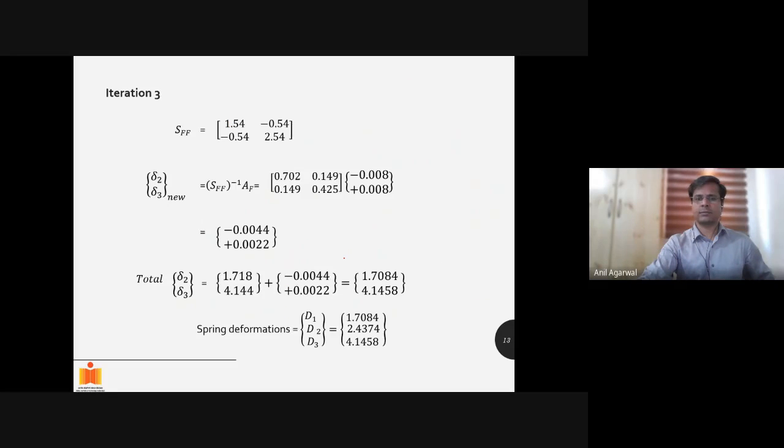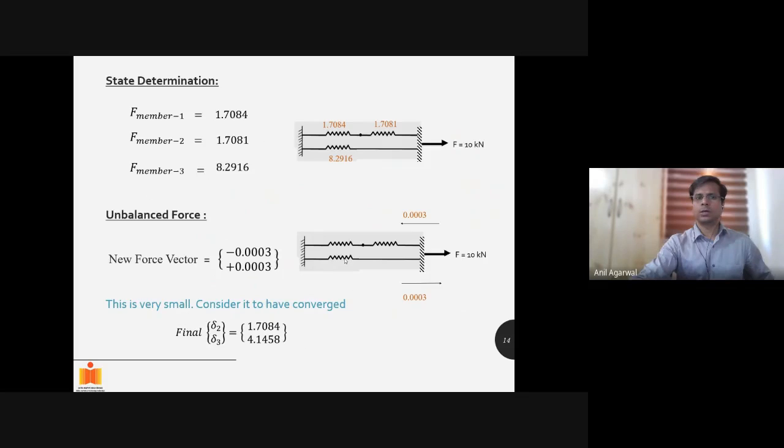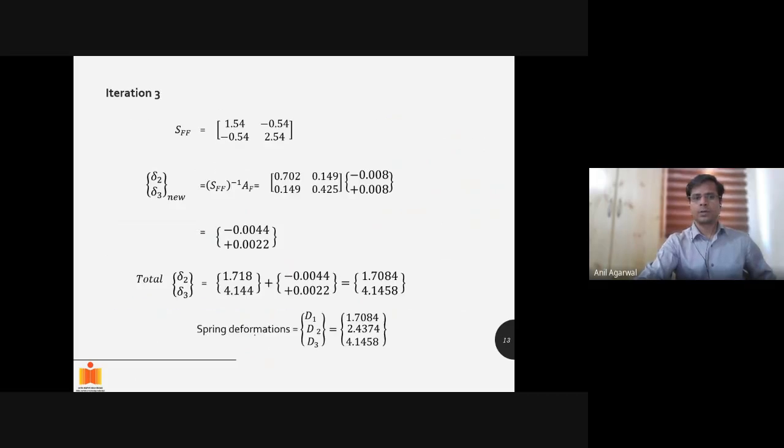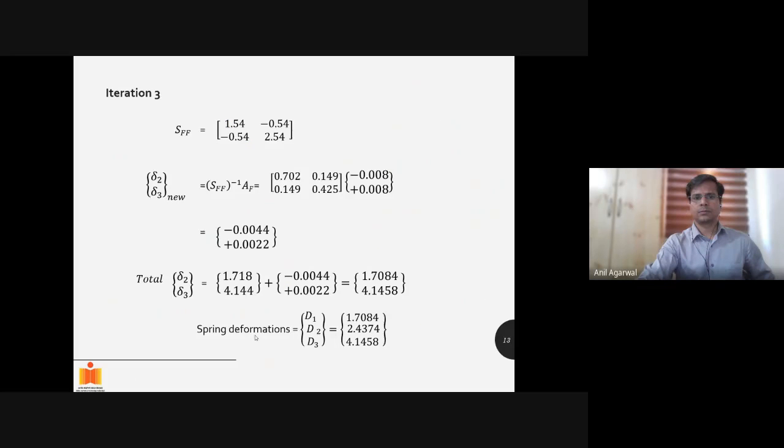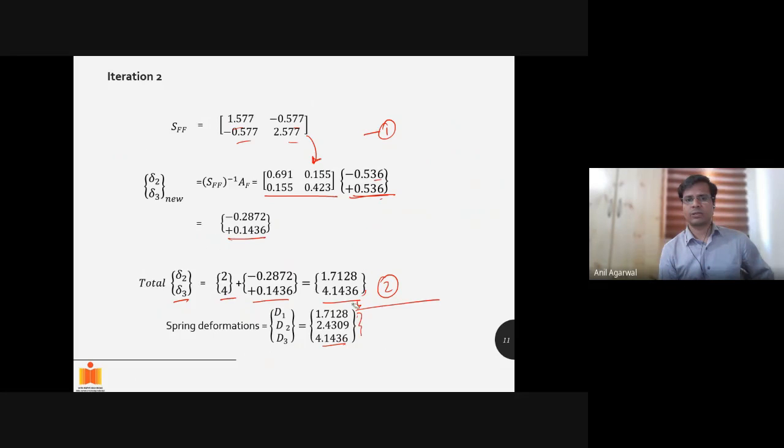So I have in this example one more iteration. There's nothing fancy, and next time you get an even smaller unbalanced force, 0.0003. So you can call it converged. You can see that in the previous iteration, you got a deflection of 1.7128.